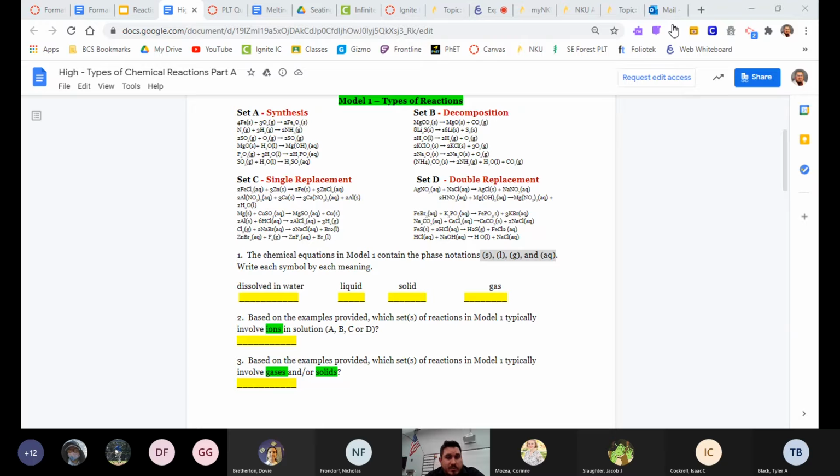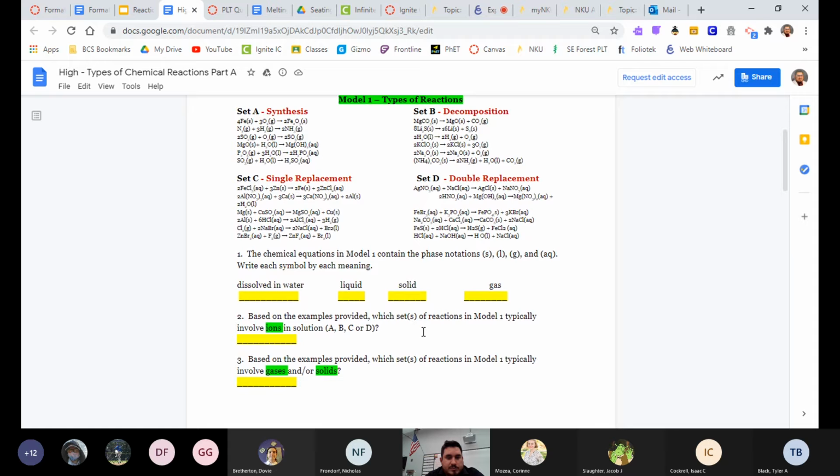But basically that just means aqueous. It's Latin for water, aqueous. And so AQ goes here for water. Liquid, obviously L, solid S, gas G. And we're going to talk a little bit more about this in a bit, because a lot of them are aqueous here.